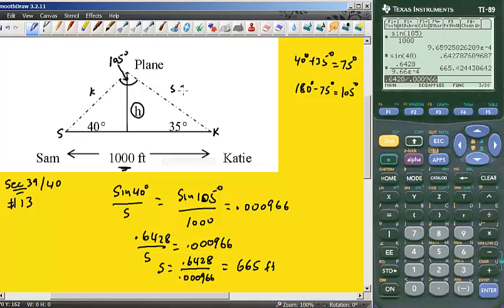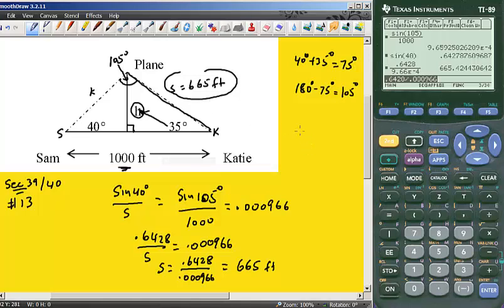So this is 665 feet. Once we have that, we can just use the normal right triangle trig, because this right here is a right angle, and this is the hypotenuse. We're dealing with the hypotenuse and the side opposite of the angle.